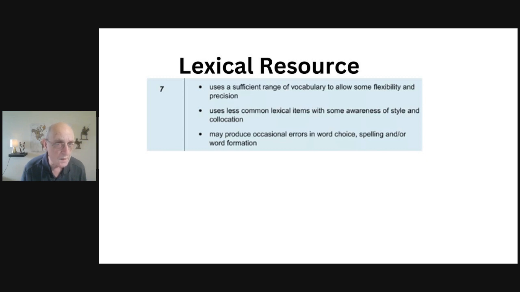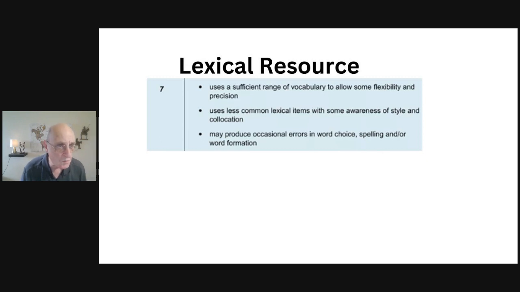Less common lexical items, less common vocabulary, doesn't mean fancy, overly academic, or very uncommon vocabulary. It just means that you don't want to keep repeating the same words, but it doesn't have to be anything that's outside of the language that you would use on an everyday basis.